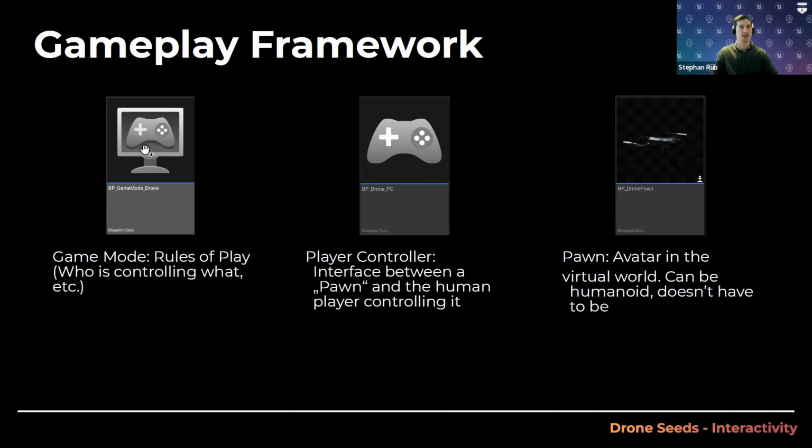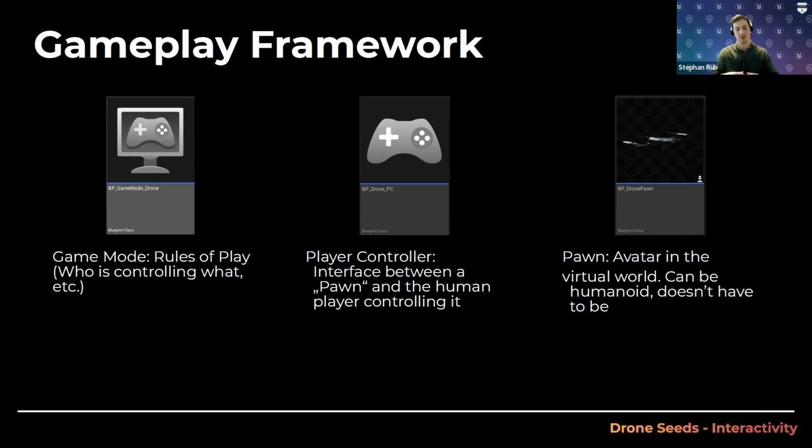The game mode on the left side is basically the rules of play. So, for example, who is controlling what, what is shown to you when you start in this level, what is happening, basically. So this is controlling many, many things. We will look at it in detail once we create it for ourselves. Then you have the player controller, and the player controller is the interface between a pawn, which is basically the next thing I'm talking about, and the human player controlling it.